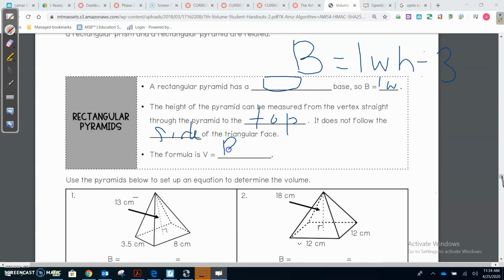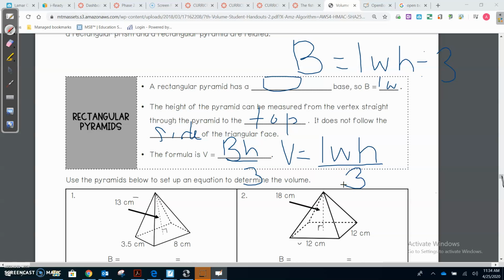So the volume formula that is in your star chart looks like this: base, big B, the area of the base times the height divided by 3. I want you guys to use volume equals length times width times height. So essentially, you are just using the 3 dimensions that you're given, and then you're dividing it by 3.